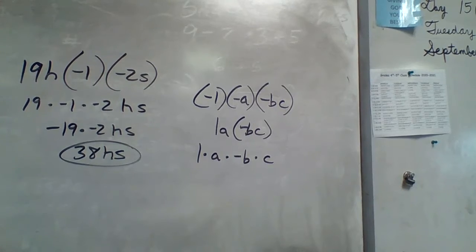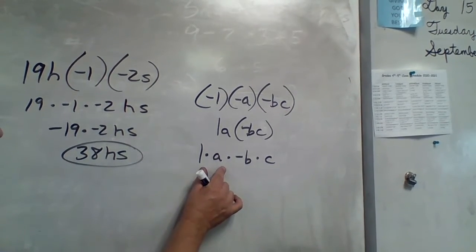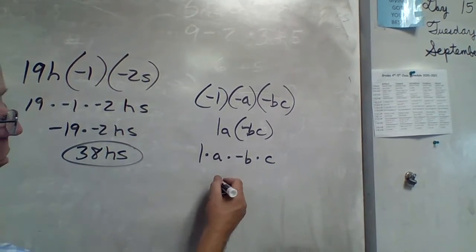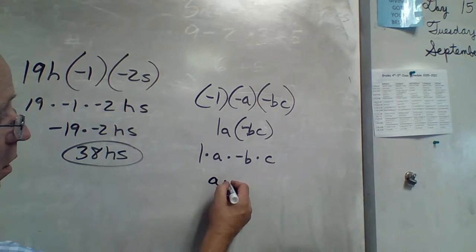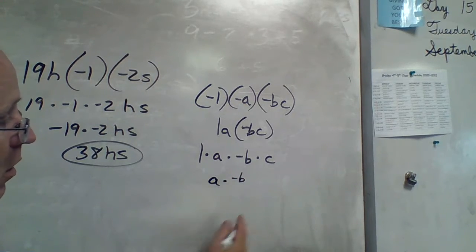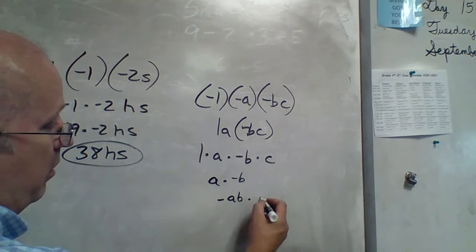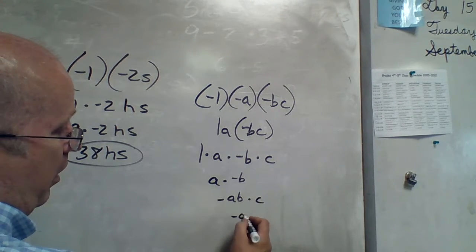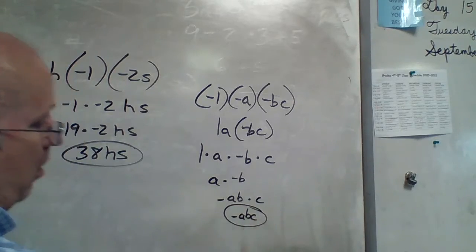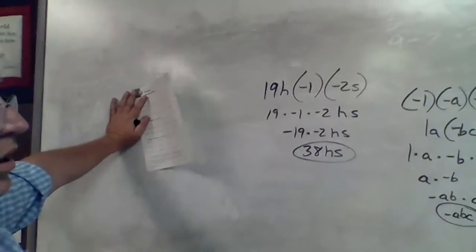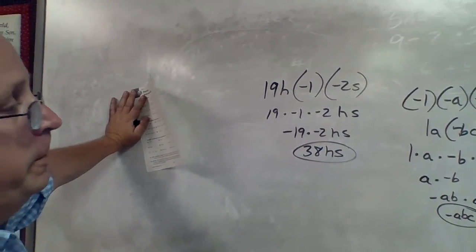What do we have here? These two together make a positive, right? And 1 times a is just simply a. What's a times a negative b? Isn't it negative ab? And then what's negative ab times c? Isn't that negative a times b times c? And we're done. Negative a times b times c.